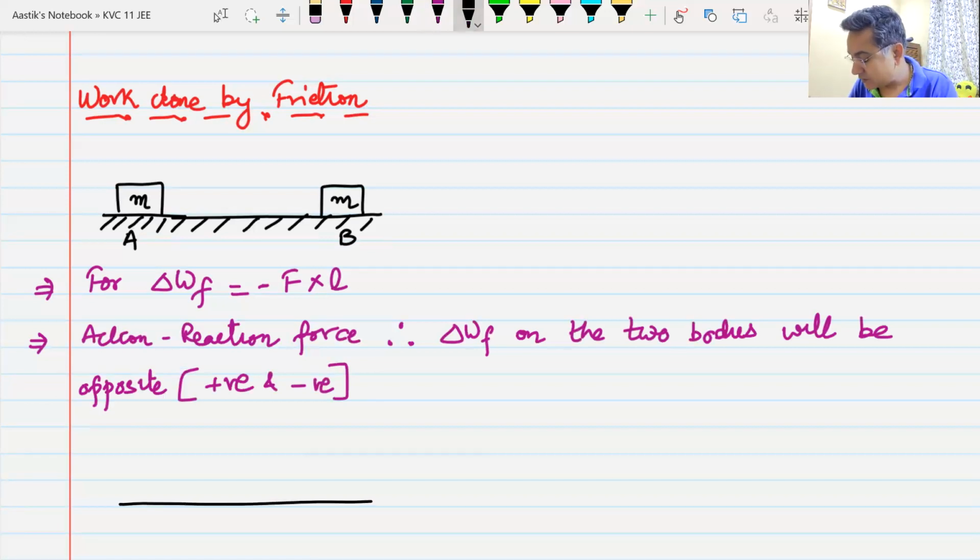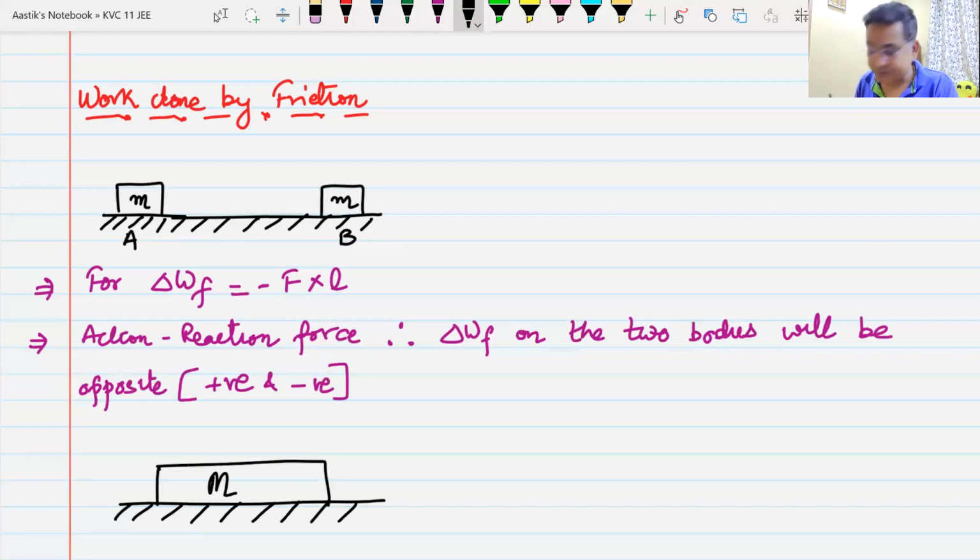Say for example, this is a floor and you have a body of mass capital M kept on the floor, and there is a body of mass small m moving with a velocity v on the top of the other block.